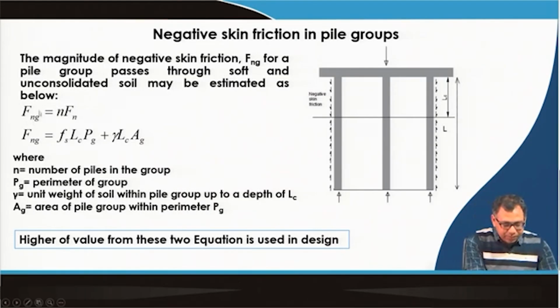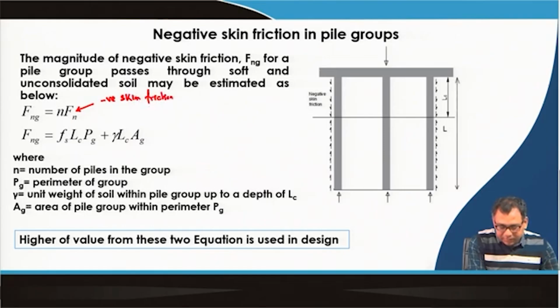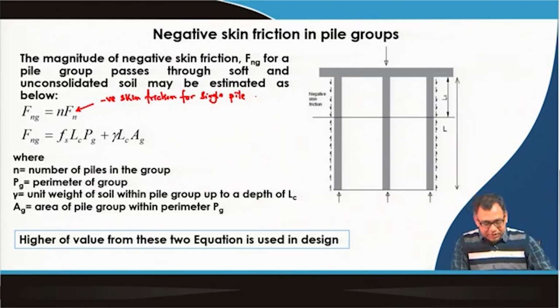This is the group negative skin friction. Then we can calculate the negative skin friction as a block for the pile group.